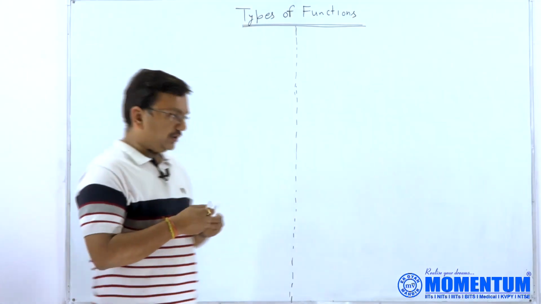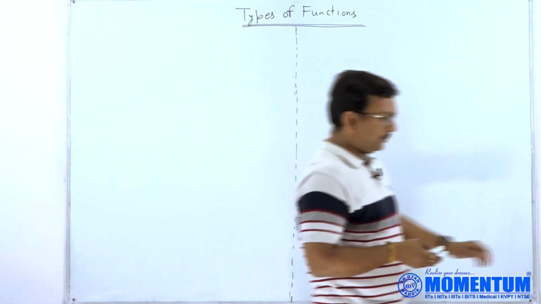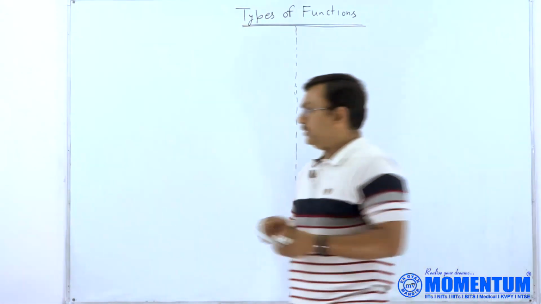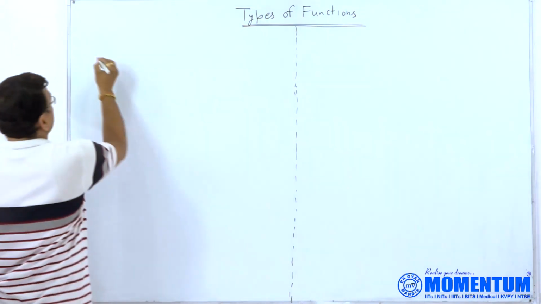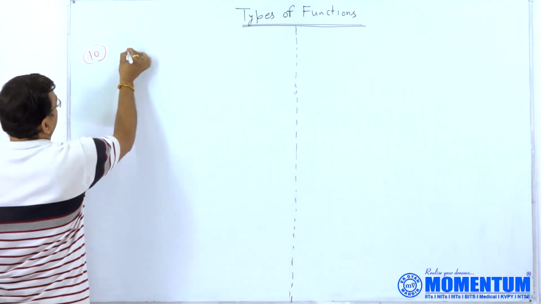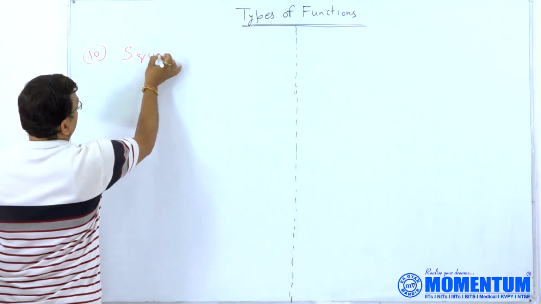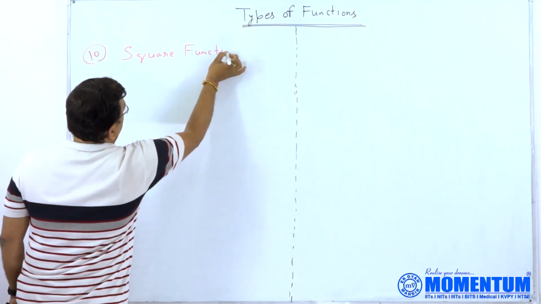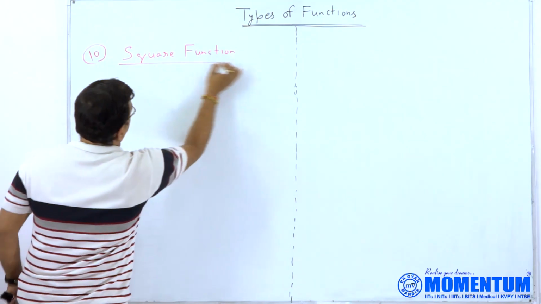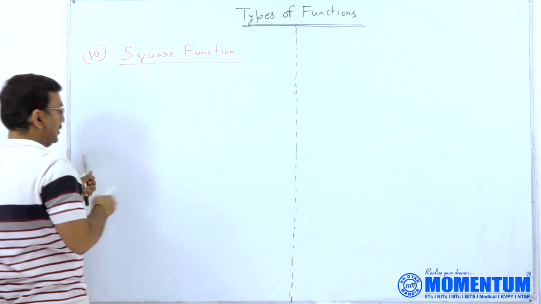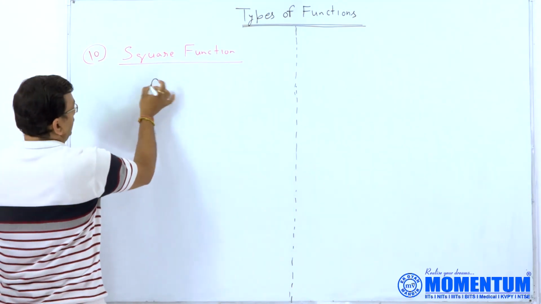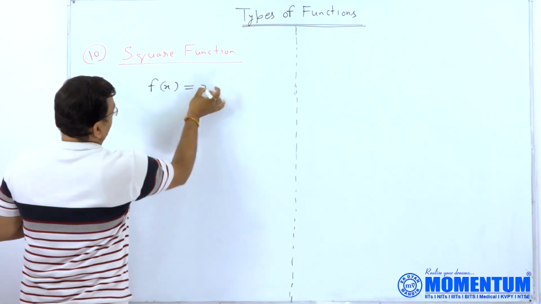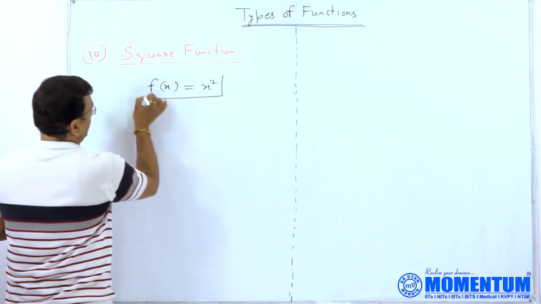In types of function, our next type is number 10, square function. F of x is equal to x to the power 2.